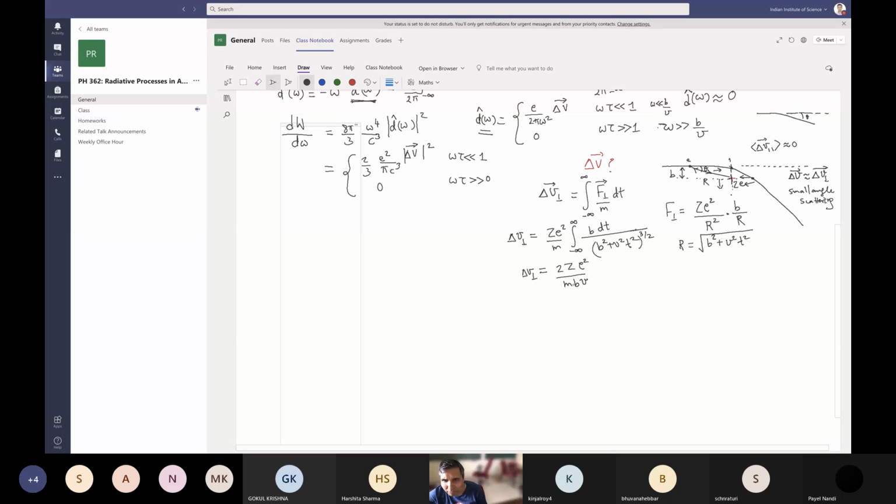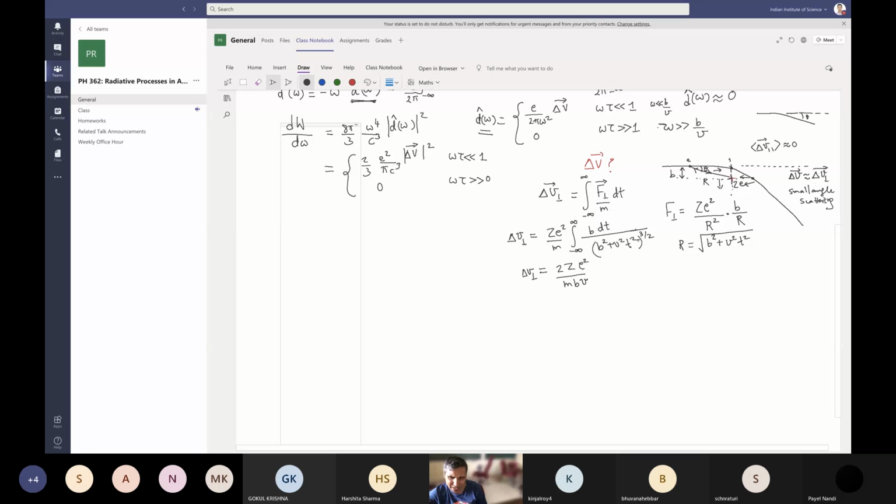So let's say Z E squared by M, and this should be B times T, and this is B cube. So time by B squared. Dimensionally, this is time divided by B squared, which is nothing but this.